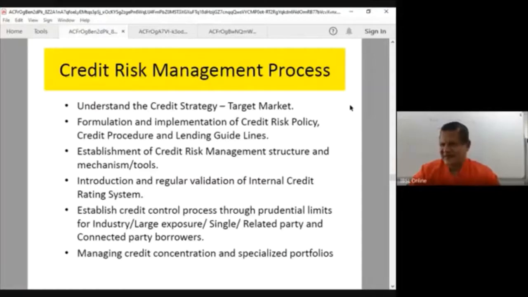Now, all the banks have credit ratings. You may have heard Bank A has a Fitch rating of AAA. Bank B may have a triple B. Those ratings are credit ratings. That will show the creditworthiness of a customer.